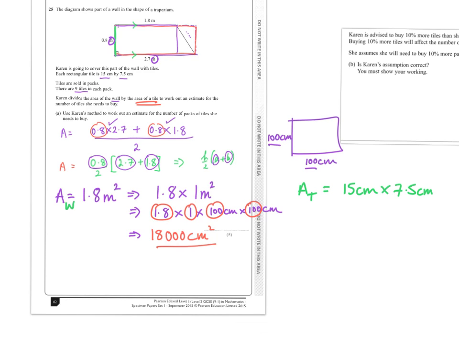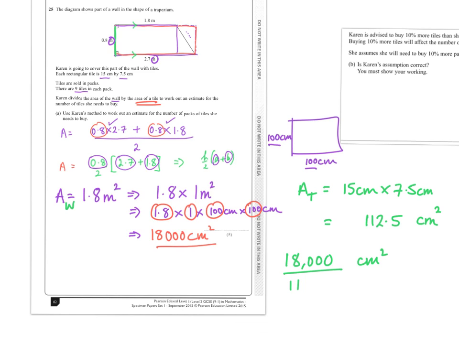So we can put that in our calculator and we will get centimetres by centimetres, which is centimetre squares. So we'll have 15 times 7.5, and that is 112.5 centimetre squares.